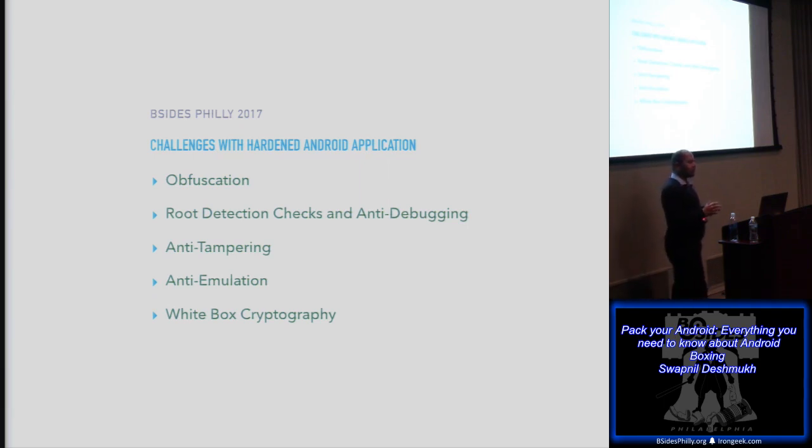In 2017, there were a few of the malwares that we saw that were encrypting the SD card. So your SD card information was completely encrypted, and the information was hard-coded within your application stack itself. However, they were using something called white box cryptography, which will obfuscate the keys that are encrypting your SD card.